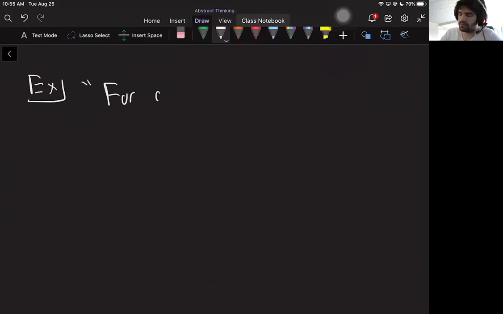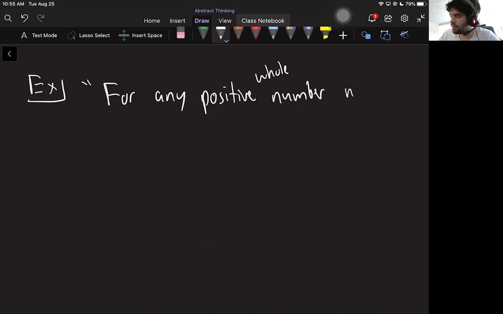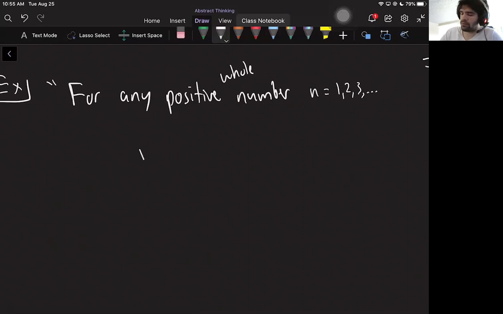For any positive number, so what I mean are whole numbers, so I'll just list what I mean: 1, 2, 3, and so on. The formula n squared plus n plus 41 is a prime number.